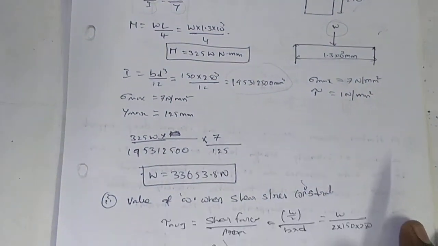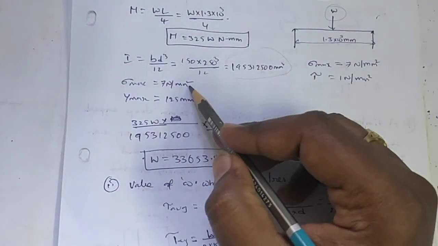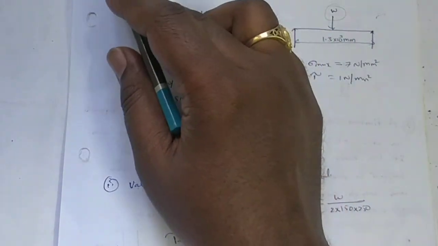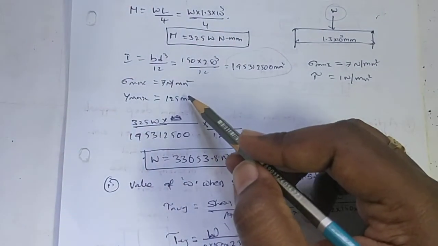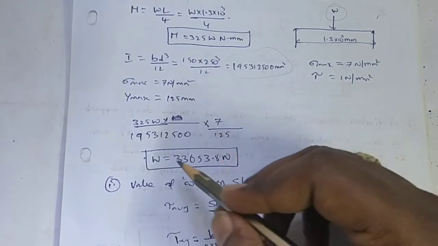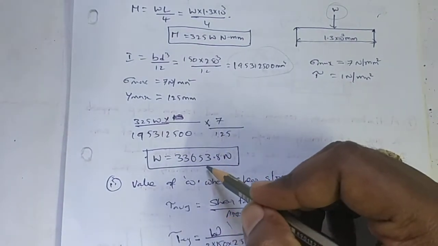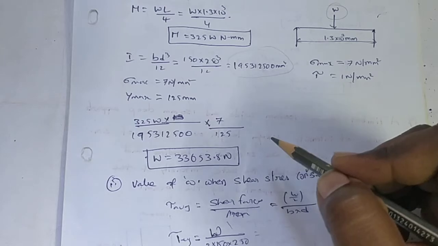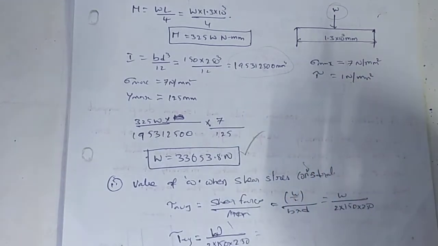Similarly, sigma max is given as 7 Newton per millimeter square. Substituting all these values in the bending equation, we will get the value of W, that is 33653.8 newtons. It is the load value.